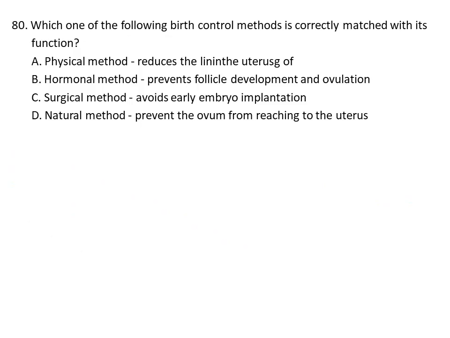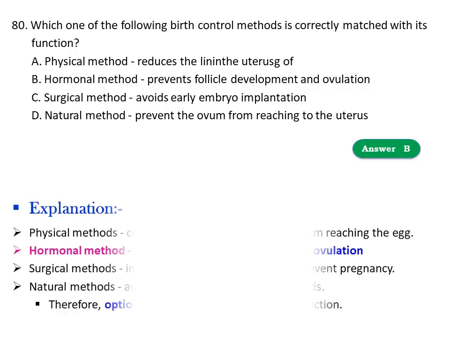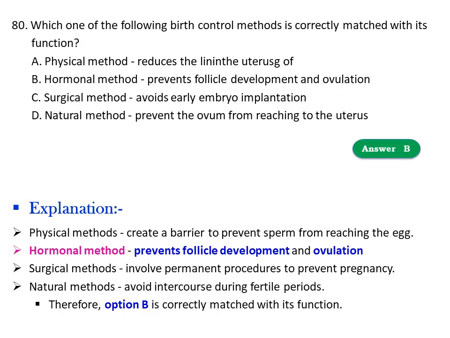Question number 80. Which one of the following birth control methods is correctly matched with its function? So the answer should be B. Hormonal methods prevent follicle development and ovulation. Physical methods create barriers to prevent sperm from reaching the egg.